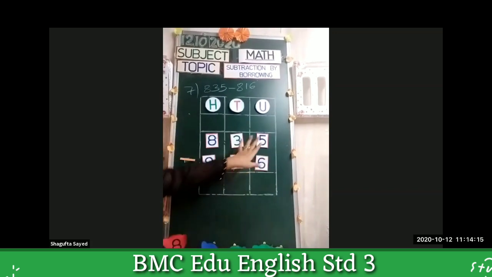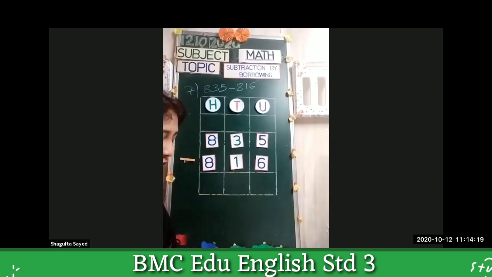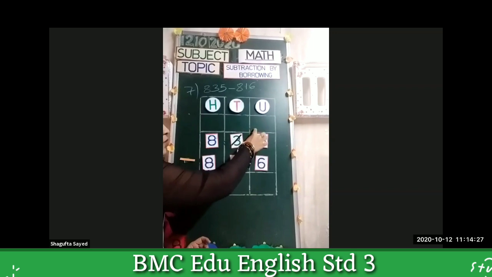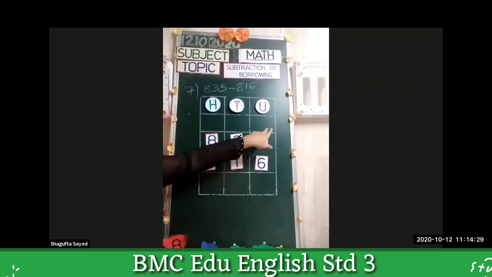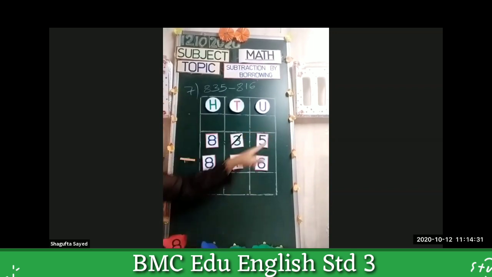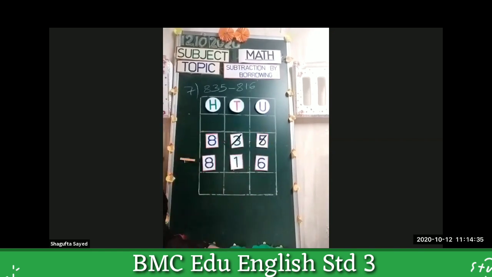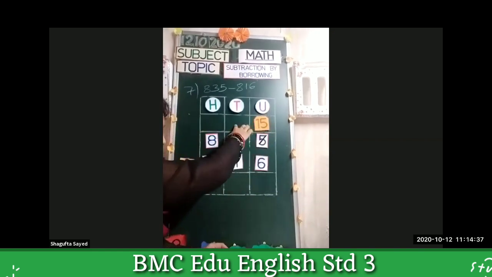Now tell me, from 5 can we minus 6? No. Then what we have to do is borrow from our friends. So from 3 we are going to write here 1, and this also we are going to cut. This will become 1, 5, 15, and here it becomes what?